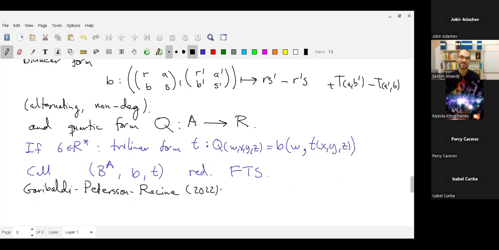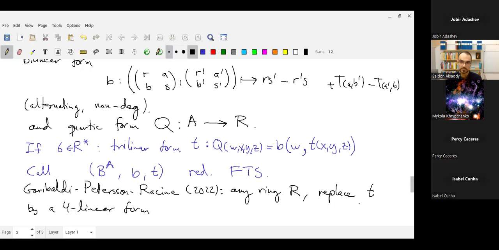So last year there was a breakthrough, and they could do away with the requirement that 6 is invertible by replacing T and Q, the quartic form, by a 4-linear form psi. So you get B_A, B, psi.